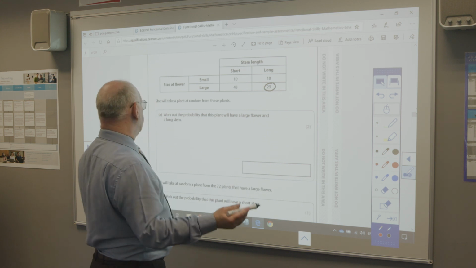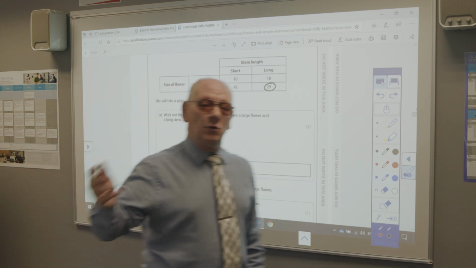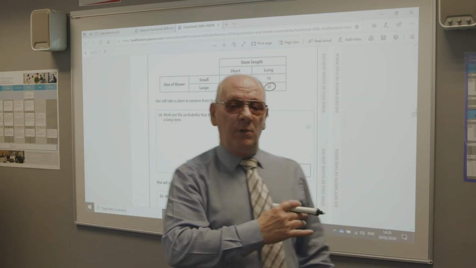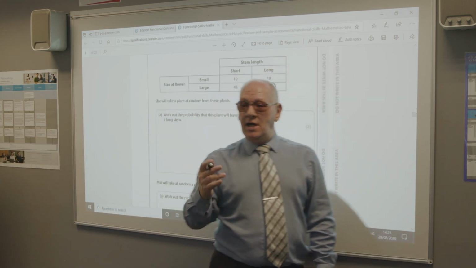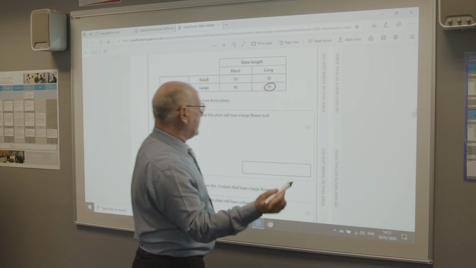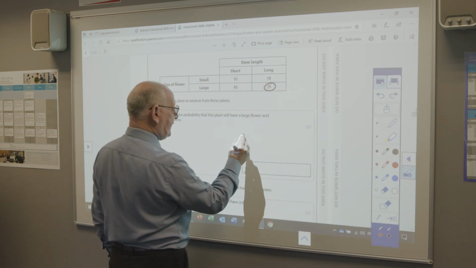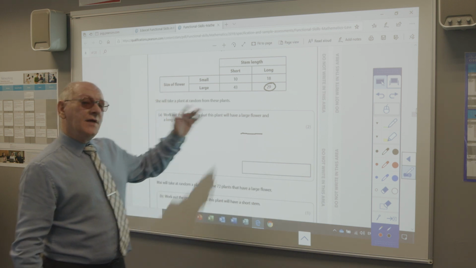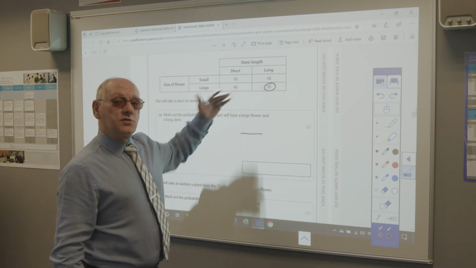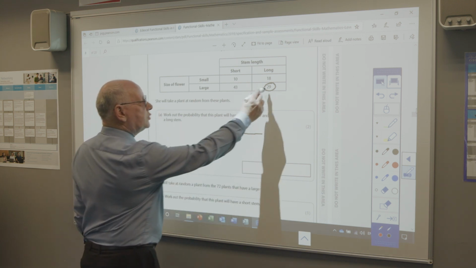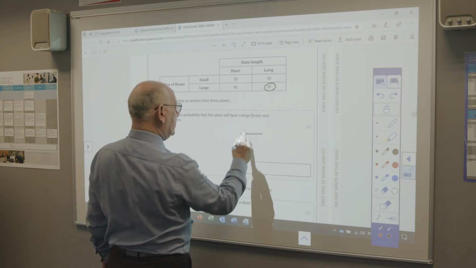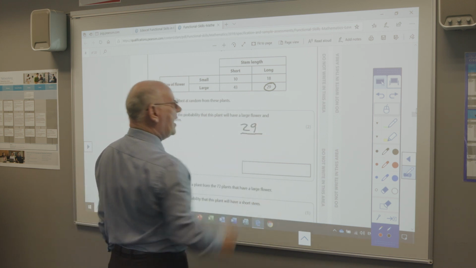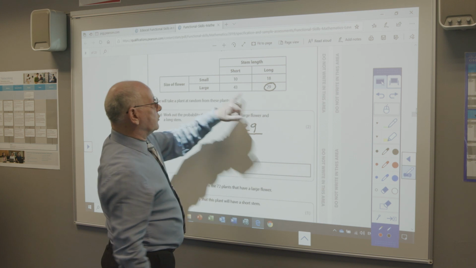So it's quite simple. If you've watched all these videos, or most of them, further back when we were doing fractions and decimals, I said, think of this line in a fraction as "out of", and that relates to this as well. 29 long stemmed large flower out of a total of 100.